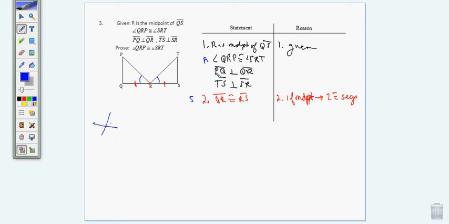They gave me the fact that PQ is perpendicular to QR. Do you know what perpendicular does? It makes right angles. So I am going to say in step number 3 here that angle Q is a right angle. But actually, if I take it a step further, TS is also perpendicular to SR. So why don't I just say all at once that angle Q and angle S are right angles? You can do this in separate steps or together.